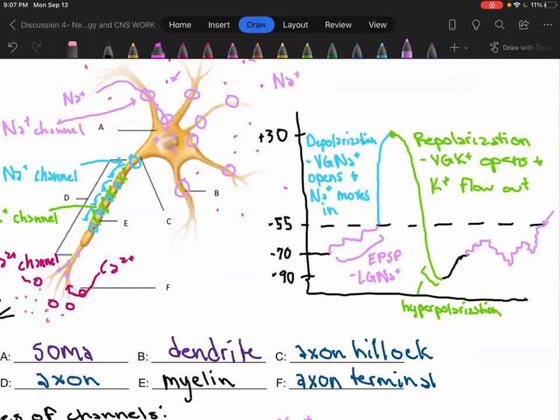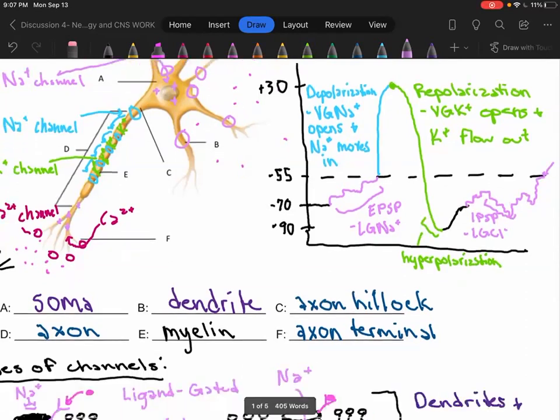So the EPSP is that upward trend, that more positive trend, and that more negative trend is called inhibitory postsynaptic potential. So for example, this would be like ligand-gated chloride channels opening and causing that cell to become more negative.